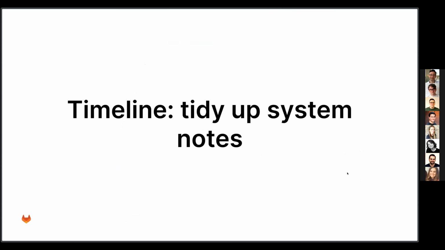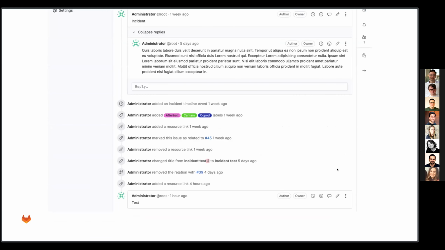The next thing was the timeline itself. On issuables and also merge requests, you have the timeline, which looks like this. And for system notes, if you add labels or resources, or you're changing the description or title, all those changes used the same space as a comment.